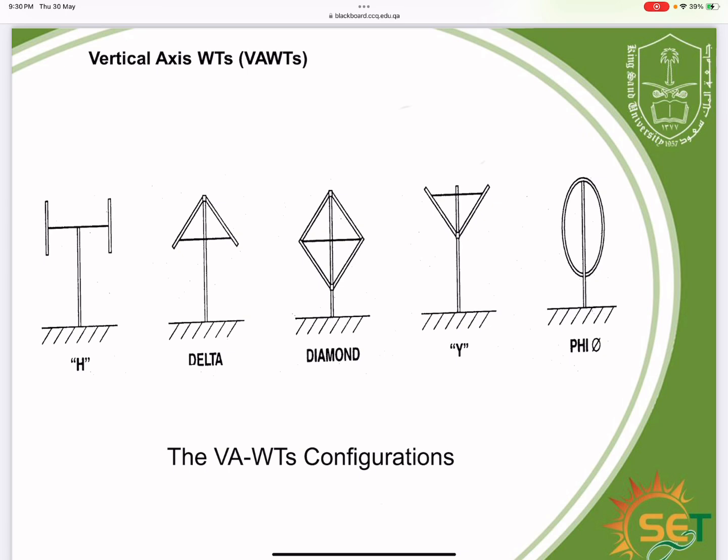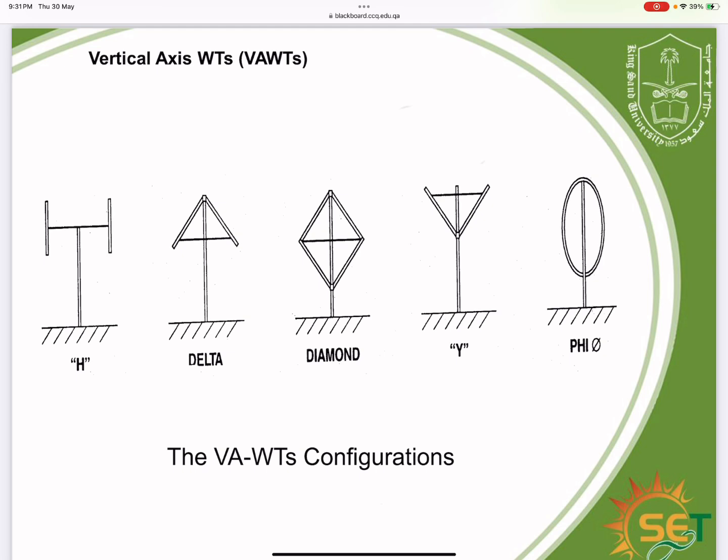The Delta one is a stable and robust design due to the triangular support structure, with good performance, enhanced structural integrity, and reduced maintenance needs. The disadvantages are that it is more complex and costly to manufacture than each vertical axis wind turbine.